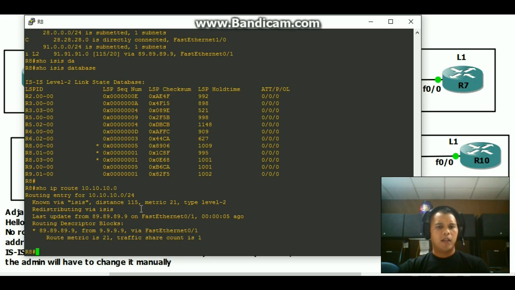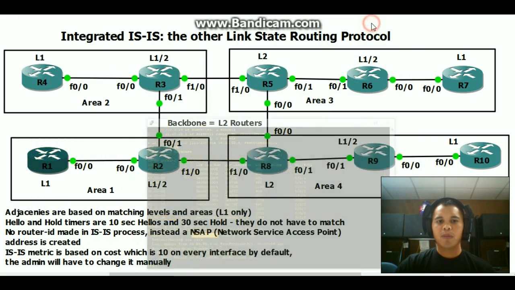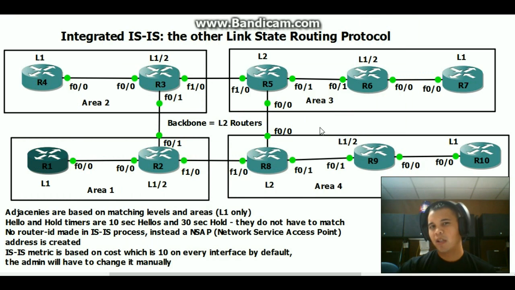And of course, the administrative distance on a Cisco router for ISIS is 115, OSPF is 110, RIP is 120, EIGRP is 90, and so on and so forth. Okay? So I hope this gave you a better understanding of ISIS and how it could be implemented.